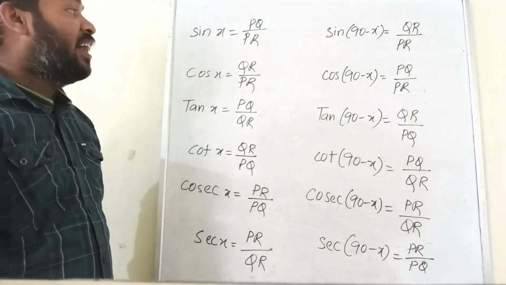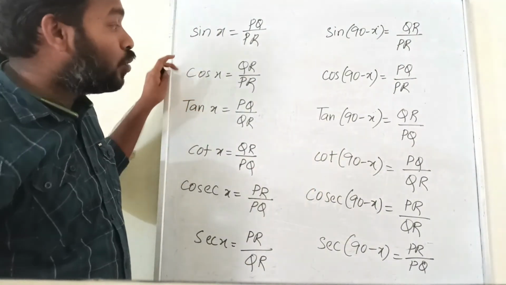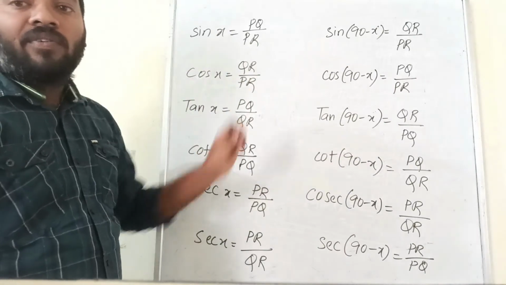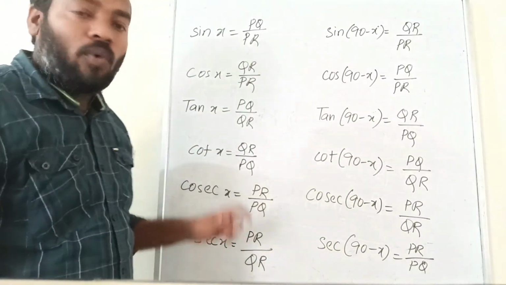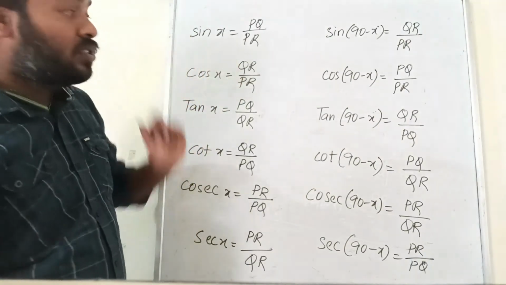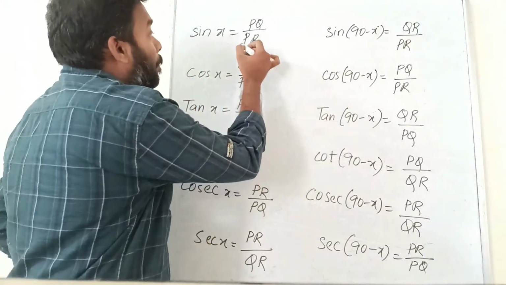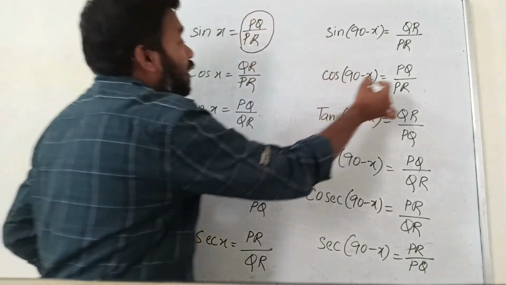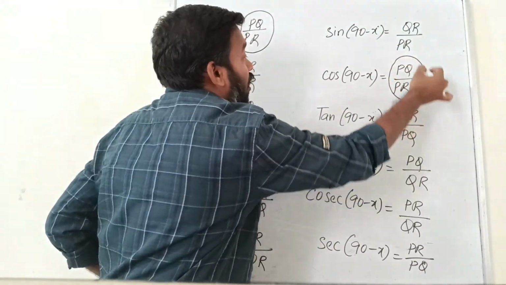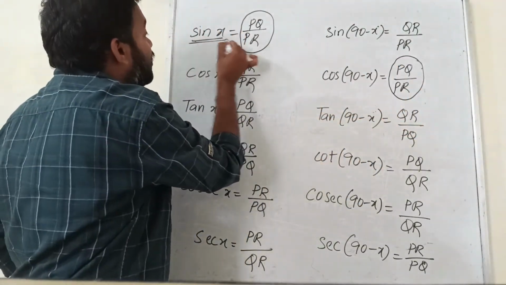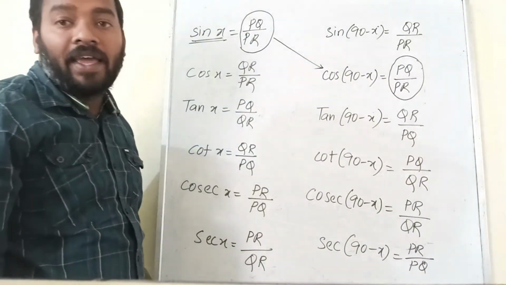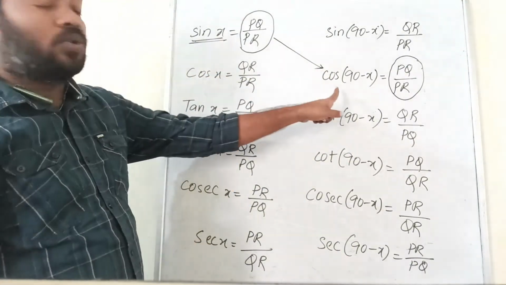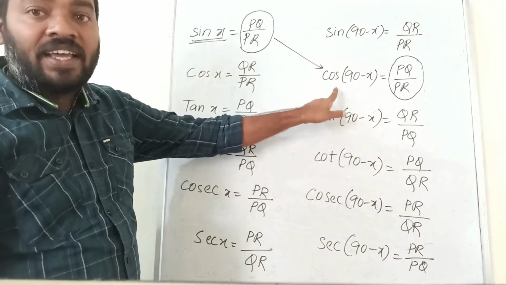What can we conclude from these values? Let us see. PQ by PR and PQ by PR, that is sin x is equal to cos 90 minus x.